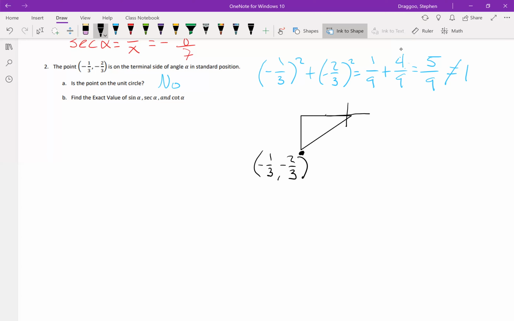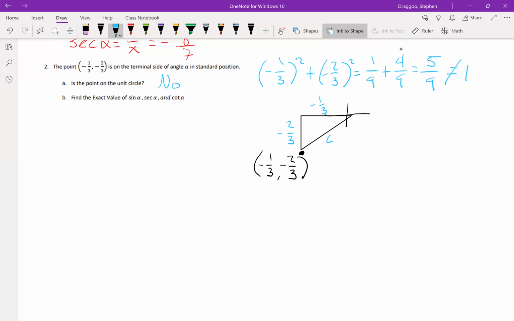I'm going to set up my reference triangle so that it exists in the third quadrant, and then I'll label some of those sides. I know that the horizontal leg should be -1/3, and the vertical leg should be -2/3. And then there's a missing hypotenuse, but I should be able to solve for that.